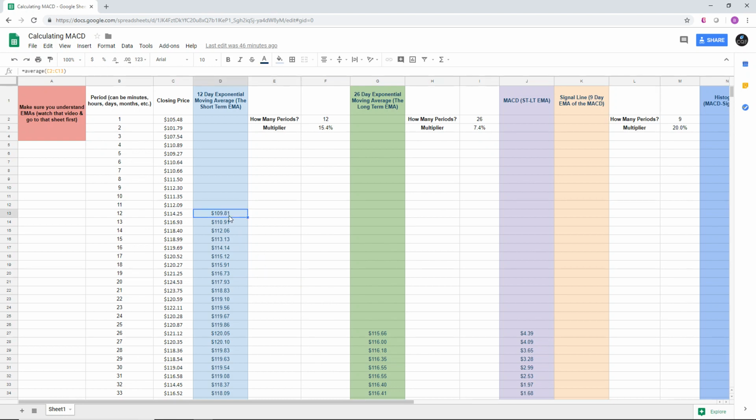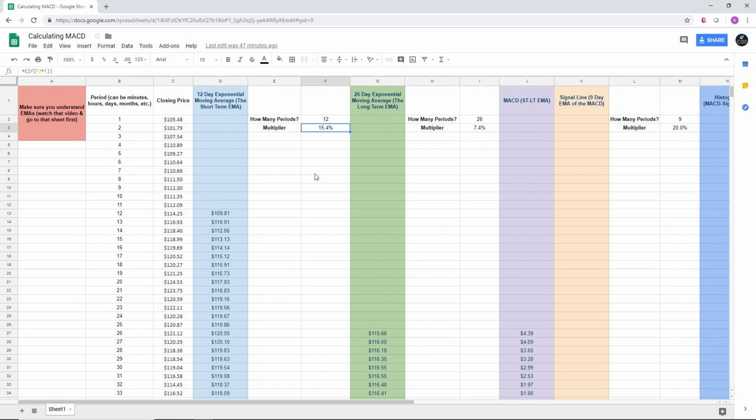Just to recap real fast, the first period in an EMA is the actual simple moving average, just the basic average. And then the very next period is when you begin your sequence for the exponential part of your series. You can see the formulas here. I don't necessarily need to recap it, but the main part, if you look at F3, is the multiplier.